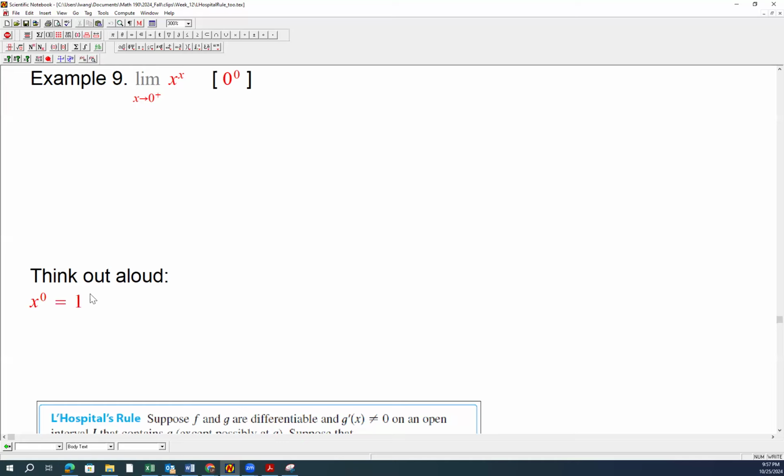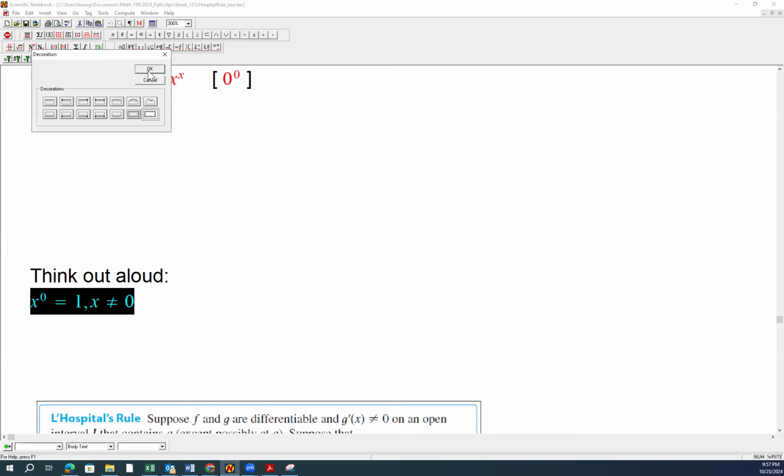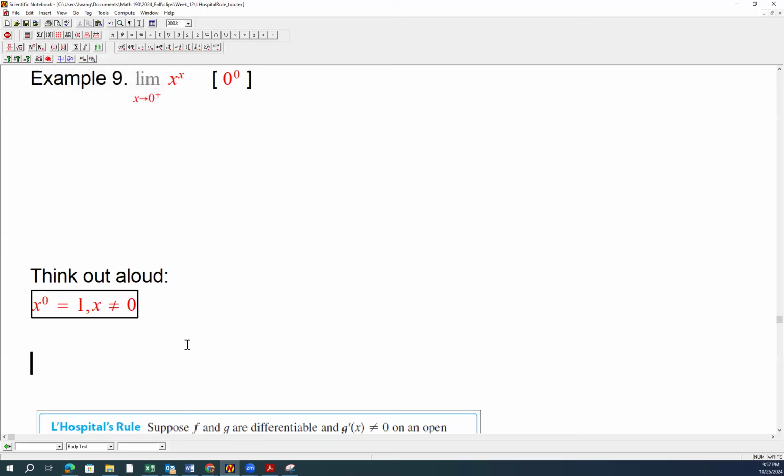But this is conditional: x cannot be 0. Go back and look at your algebra book. These two are together. Then you say, what's 0 to the power 0? It's indeterminate.